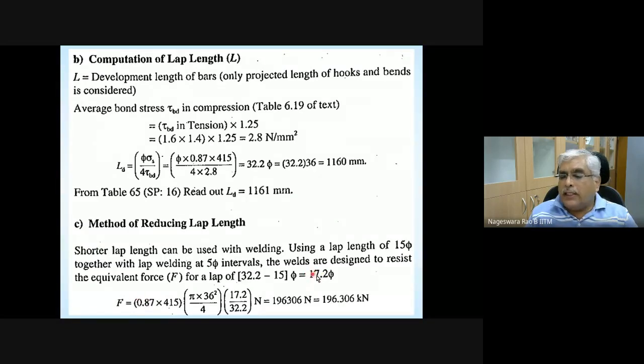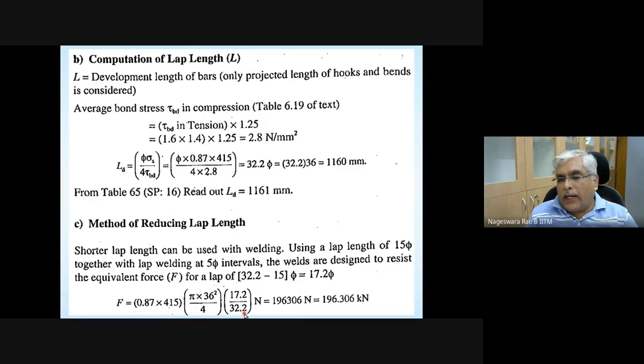So if this is the lap length you are missing, you need to calculate what is the strength, what is the force corresponding to this. This is how it is calculated. This is the maximum stress in the bar, 0.87 Fy times the area of cross section of the bar.